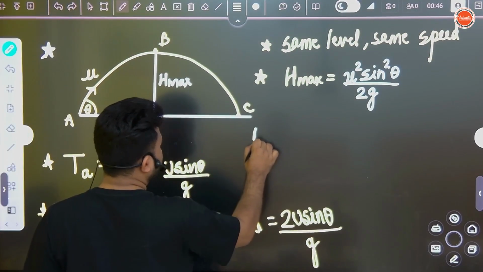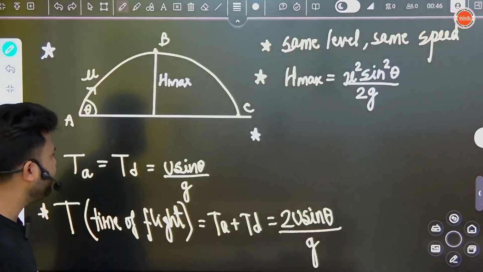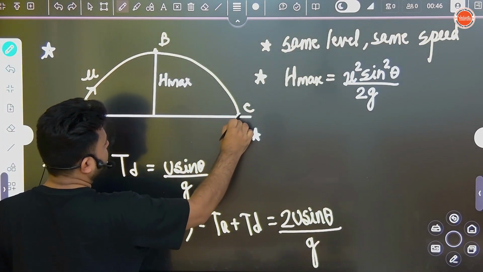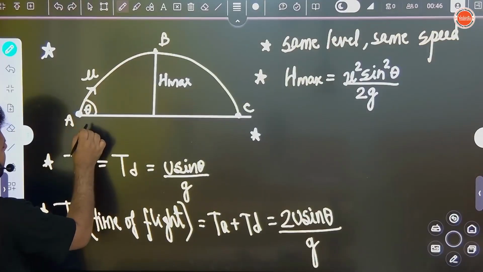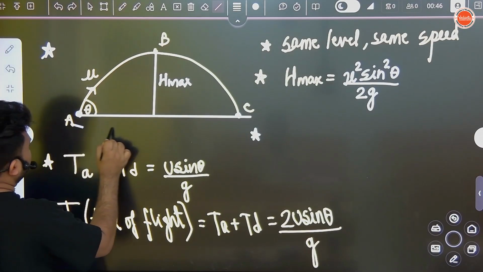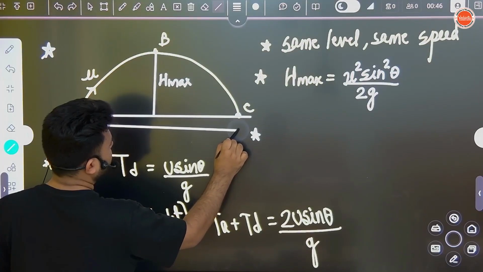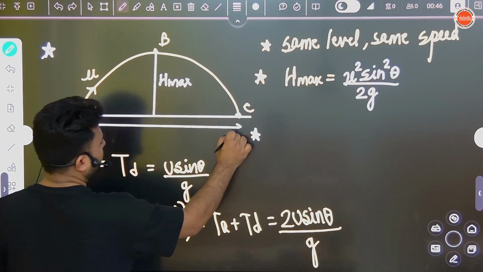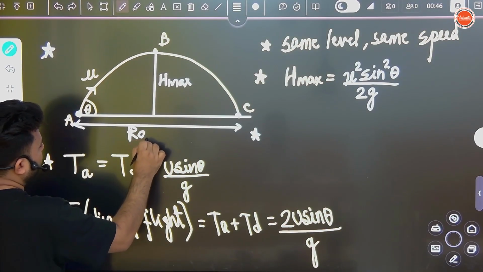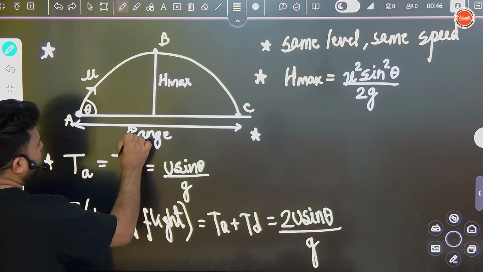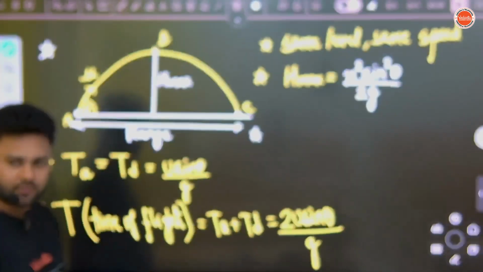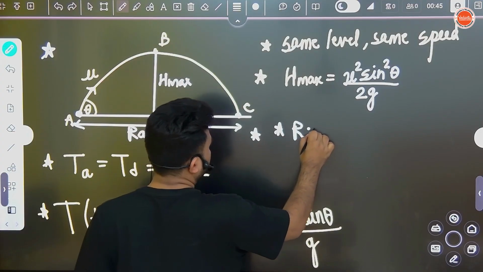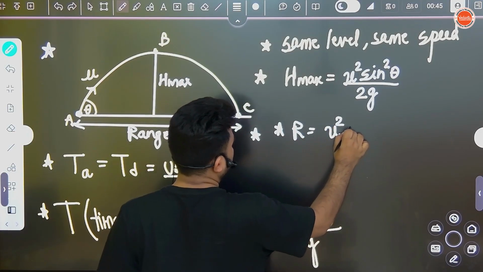One more thing they ask, range. What is range? You throw the ball from here, it lands here. This distance is called the range. Range formula: U square sin 2 theta by g.